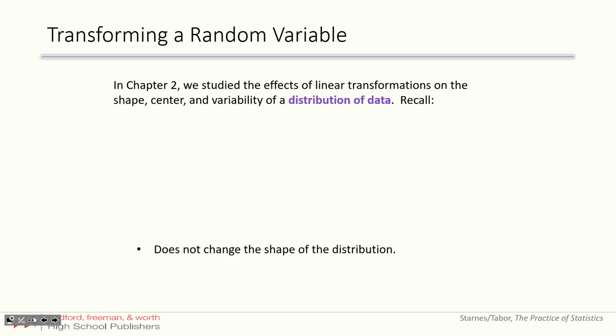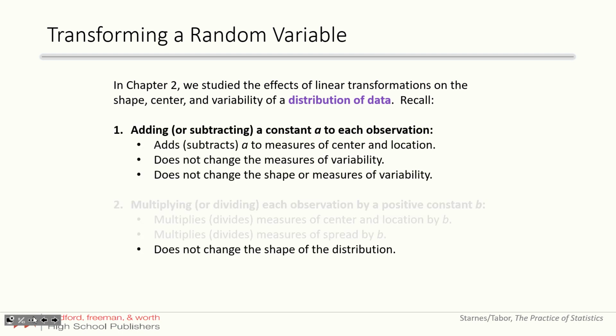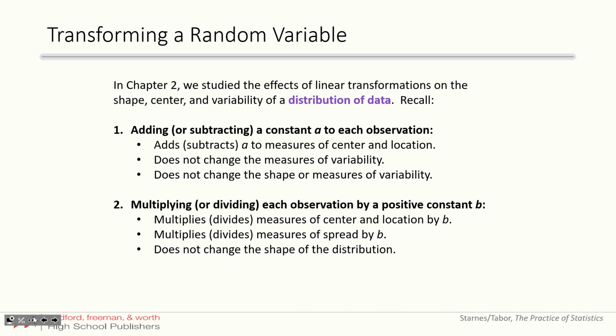So how about multiplying or dividing each observation by a positive constant b? Instead of adding 3, if I took each data value, let's say I had, again, 1, 2, 3, 4, and 5, and I multiplied each of these by 2, I would have 2, 4, 6, 8, 10, right?